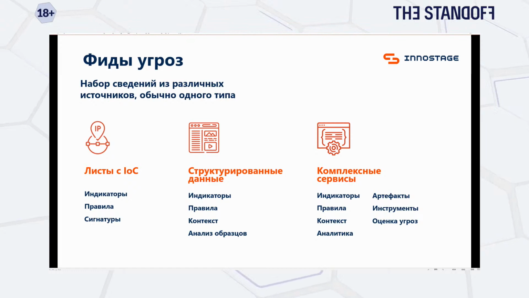Threat feeds come from different sources, but of the same types. We have a few feeds. First of all, simple lists with indicators of compromise, which contain information in a very simple format, the type of IOC and its value. There are plenty of such feeds.